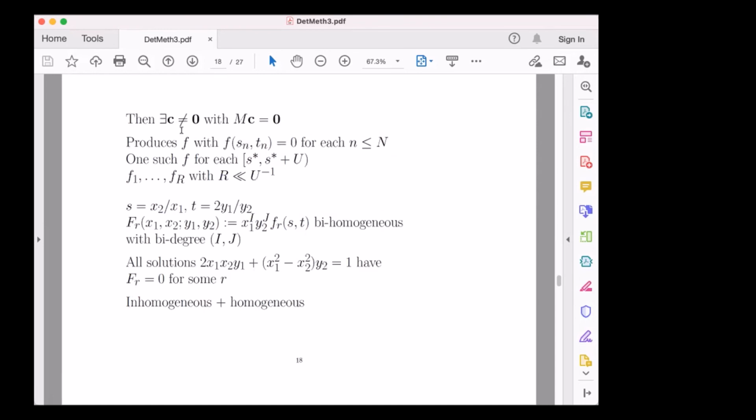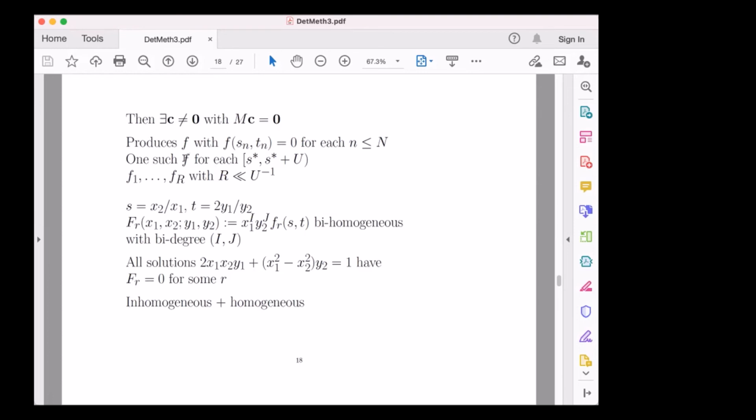And then that will produce a null vector C, MC is equal to 0, and that will produce a polynomial F with f of S_n, T_n equal to 0 for each value of n, for all the points that we're interested in. So just in the same way as we did in the p-adic version.